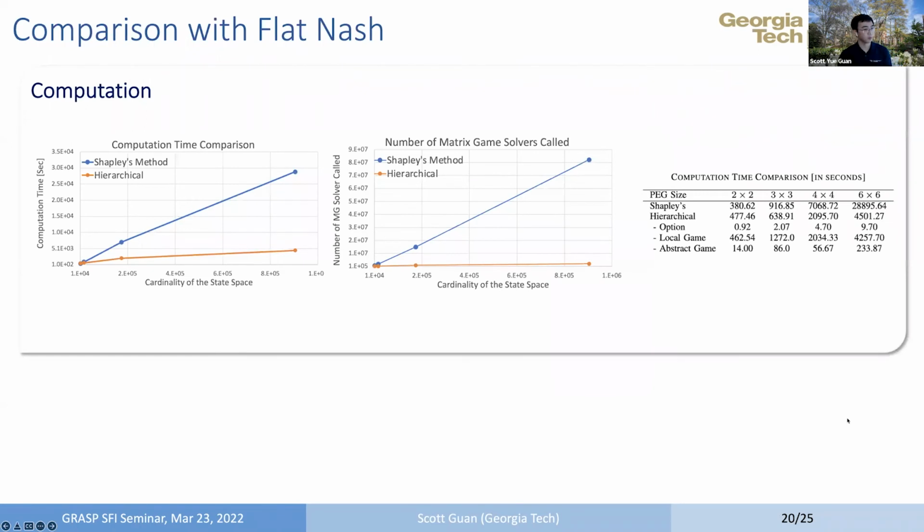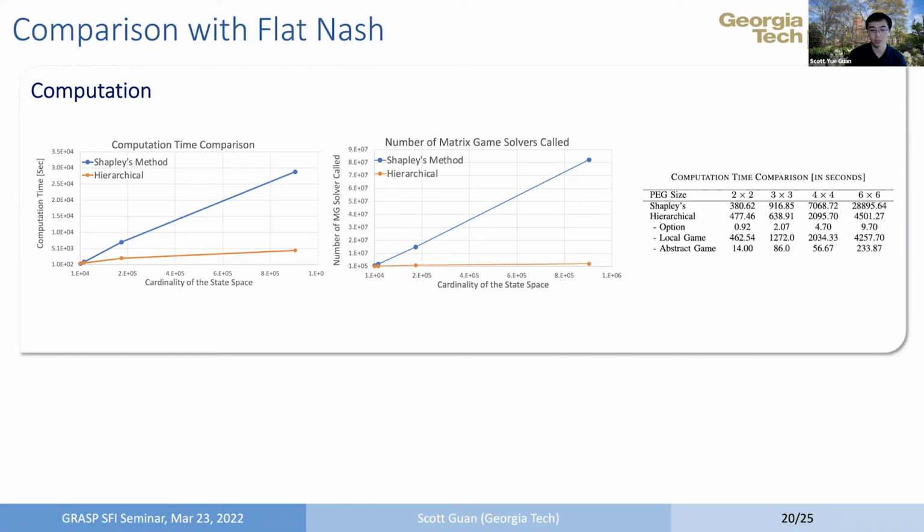So we now present a comparison between the hierarchical approach and the flat Nash approach, or Shapley's method, which directly solves the Nash equilibrium with the original large state space. The first comparison is on the computation side. This is the computation time comparison with the horizontal axis as the cardinality of the state space, and the vertical axis as the computation time in seconds.